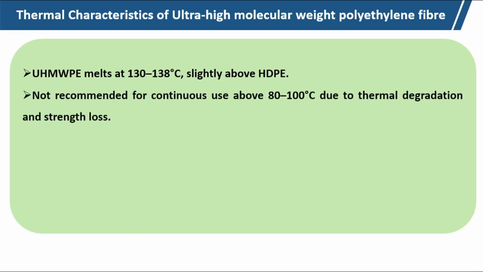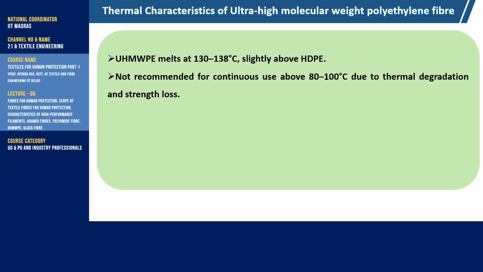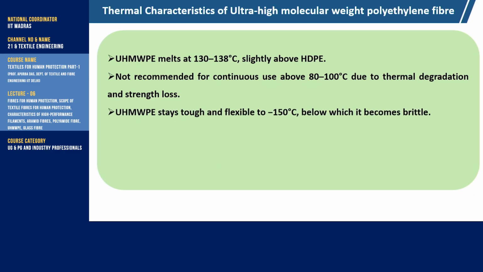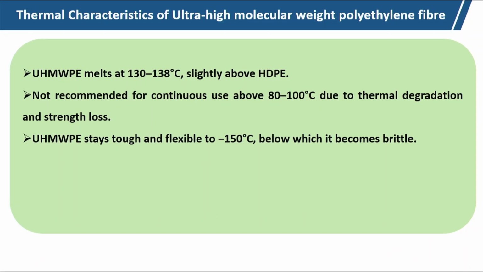Not recommended for continuous use above 80 degrees Celsius due to thermal degradation and strength loss. So, although it has very high strength, at elevated temperatures like 80 to 100 degrees Celsius, thermal degradation takes place and strength losses occur.